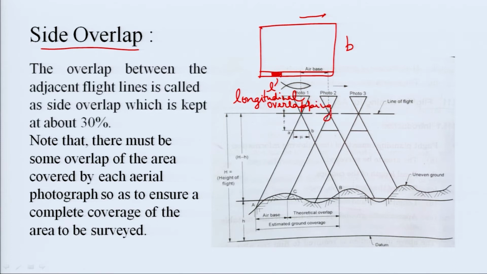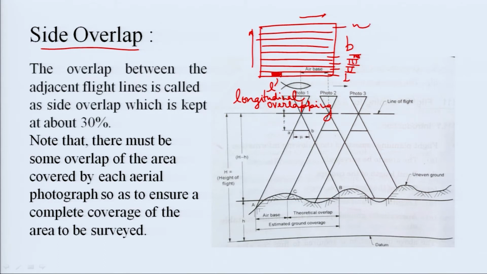And overlapping in this direction, between adjacent flights, that is first, second, similarly third, fourth and so on, is side overlapping, which is about 30%.